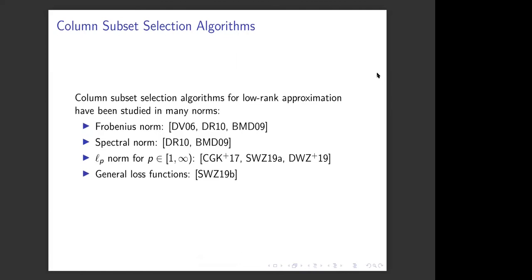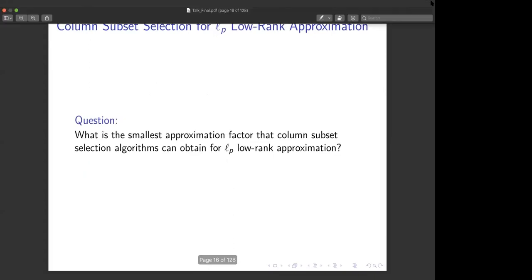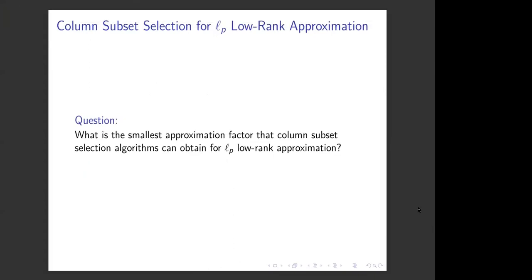That is why these algorithms have been studied for many loss functions. And one interesting question is how well column subset selection algorithms do compared to the best low rank approximation. What approximation factor can they obtain? We'll also be looking at Lp low rank approximation, as I mentioned before.